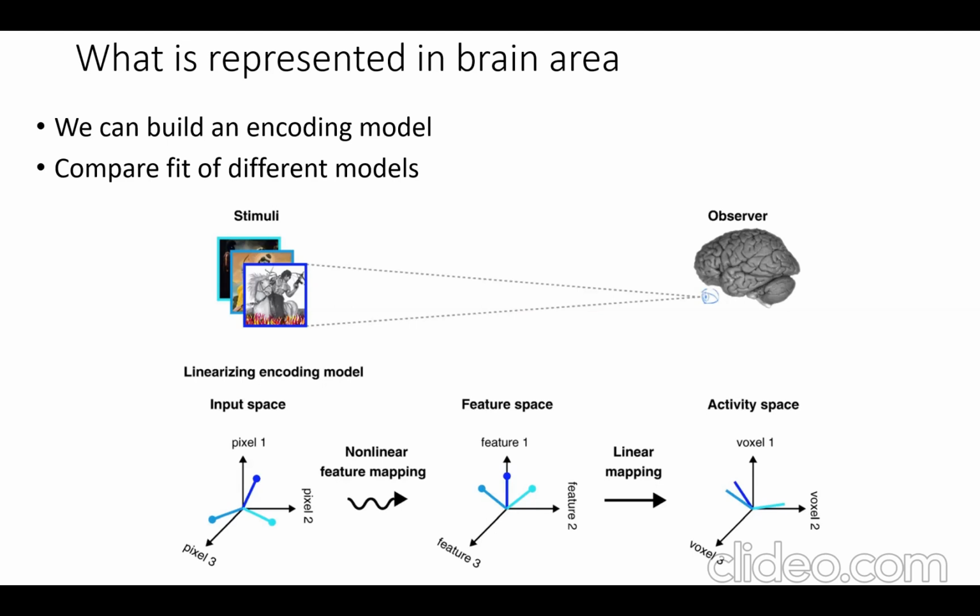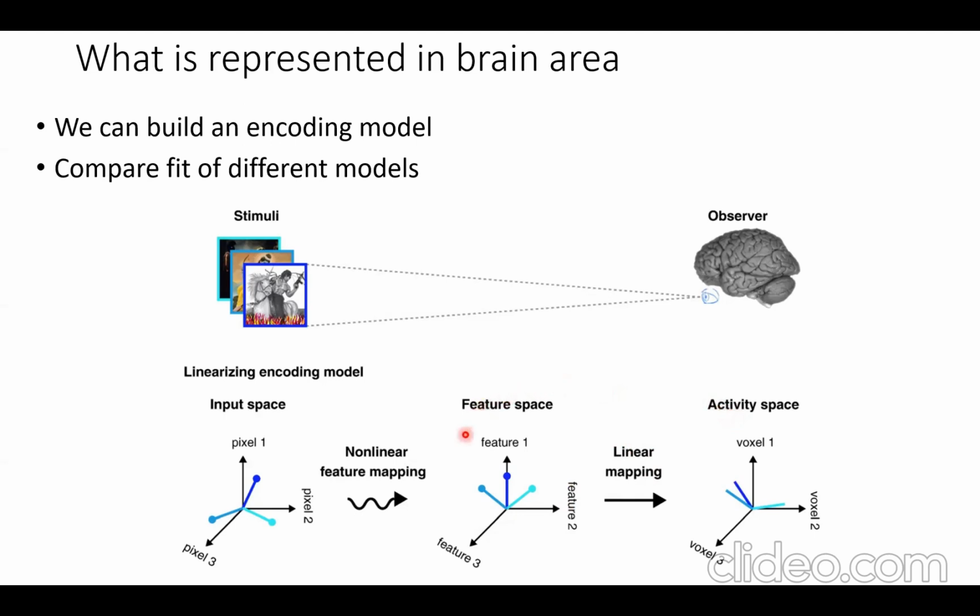So, for example, here the encoding model might be this bit, where from a specific feature space, we're doing the linear mapping, which is basically the linear regression, and we're trying to predict the brain activity.